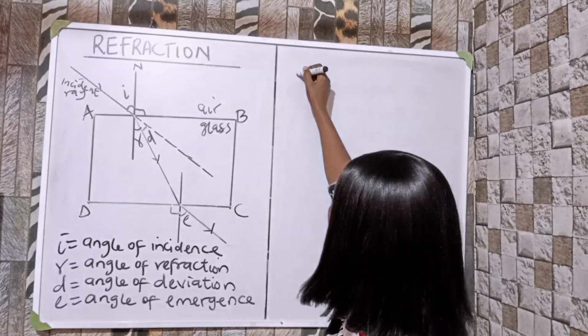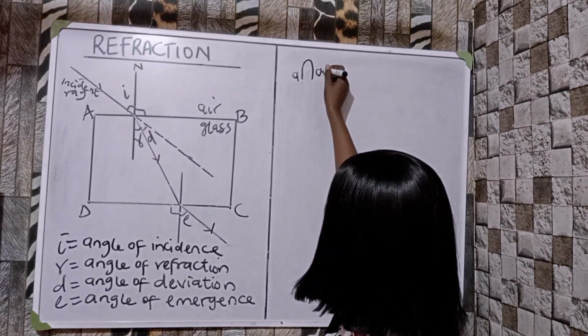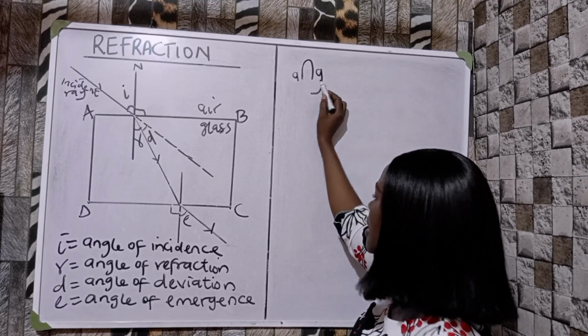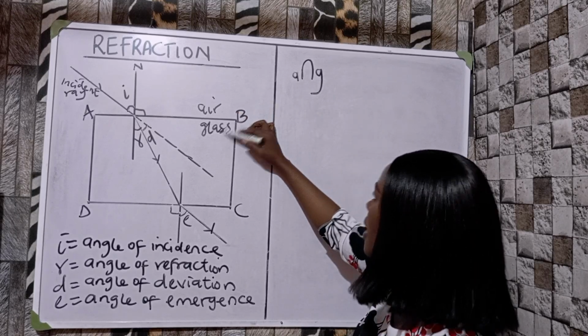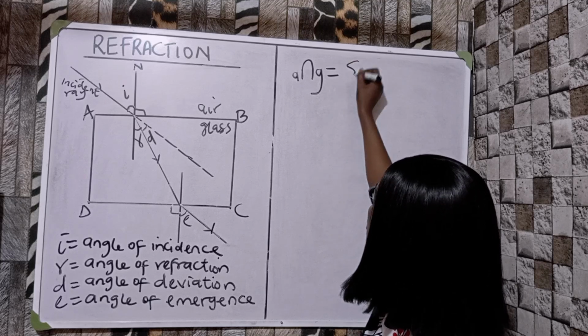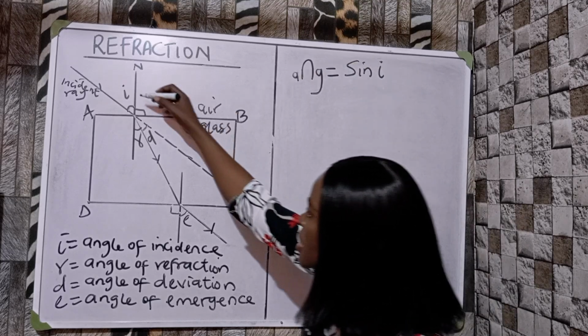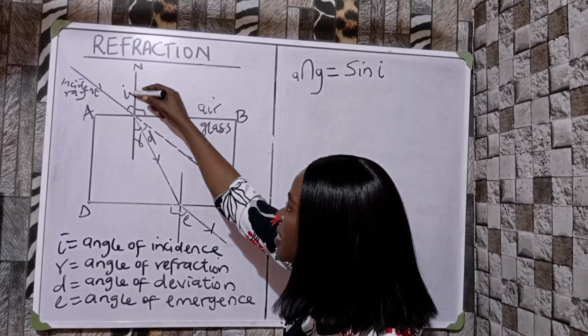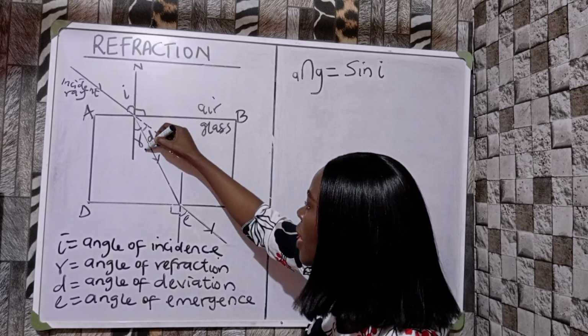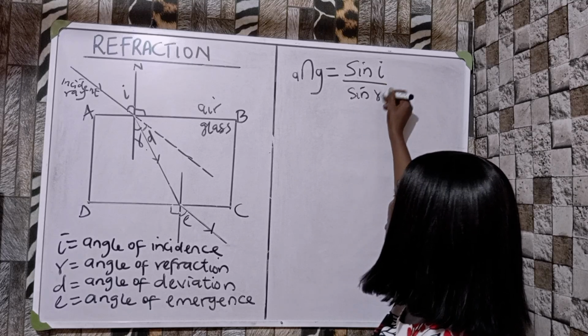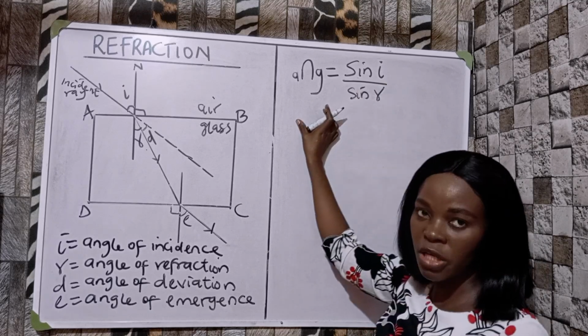If I say A to G, what does it mean? When light travels from air to glass, it is equal to sine of angle of incidence I over sine of angle of refraction R. That is the relationship.